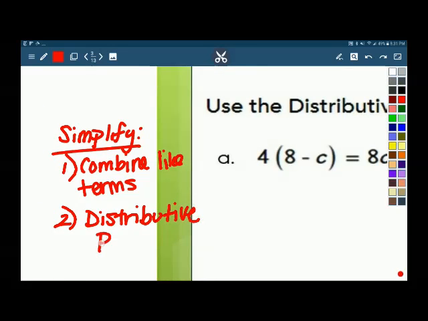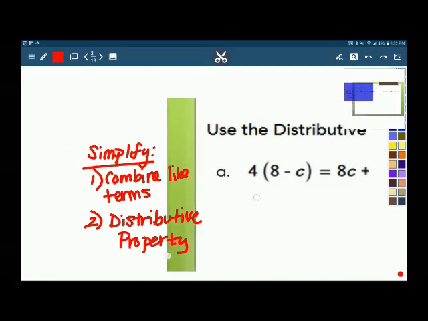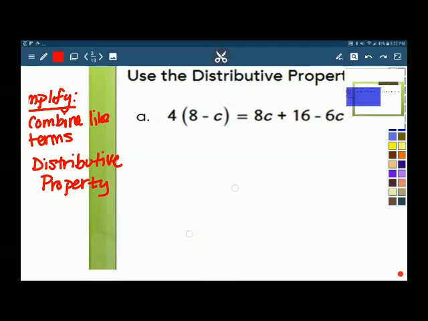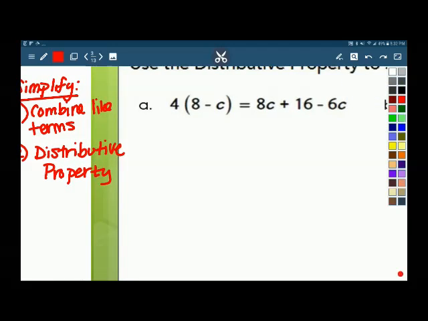And a lot of times when we use the distributive property, we will end up being able to combine more like terms when we get rid of the parentheses in that distributive property. Now, in this first part, we're not going to be combining like terms on the left side. It's just going to be a distributive property. But then on the right side, I do see some like terms that we're going to end up putting together.